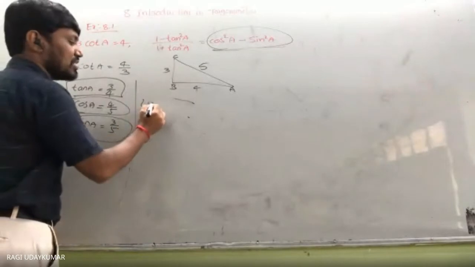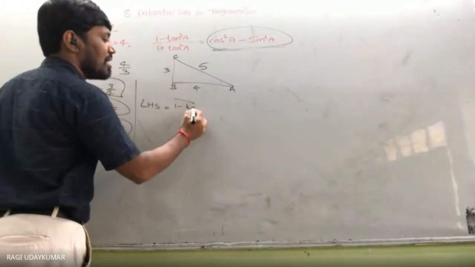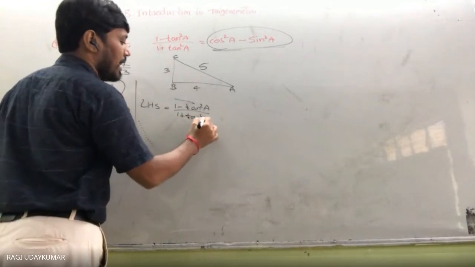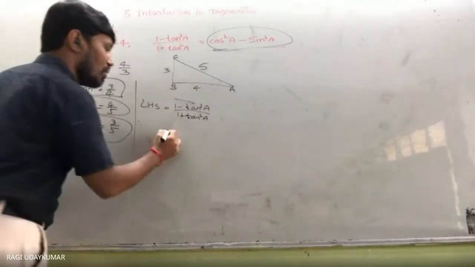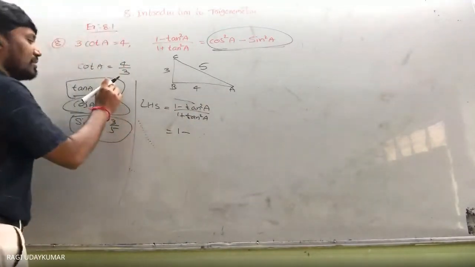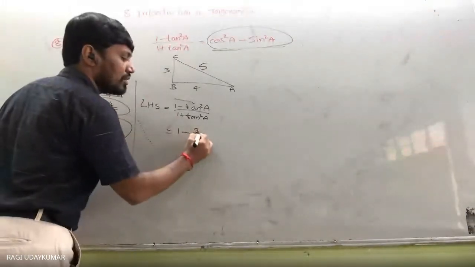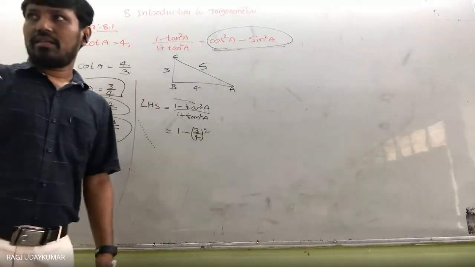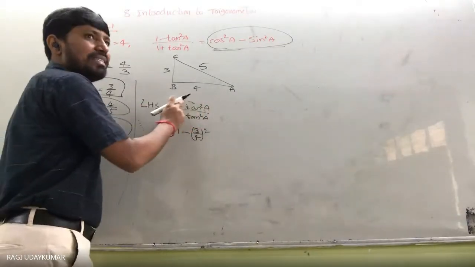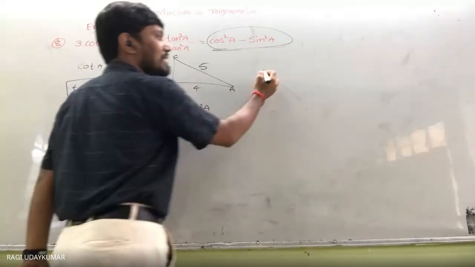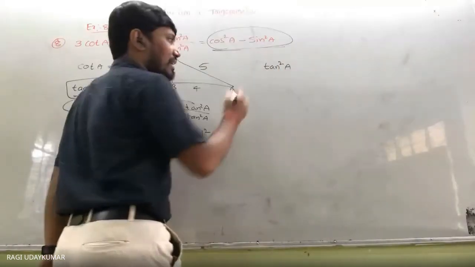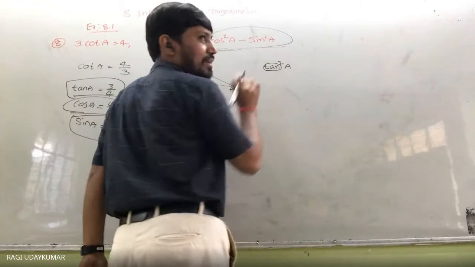Now take the LHS. LHS is what? 1 minus tan square A by 1 plus tan square A. 1 minus tan square A means 3 by 4 whole square. And do remember this: tan square A, I am going to explain here. It doesn't mean that tan is 2 times.